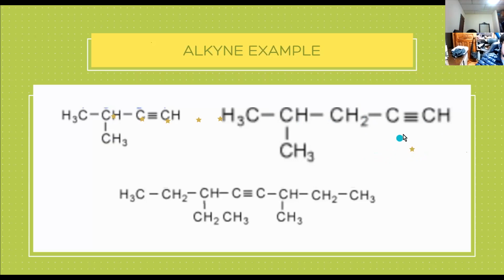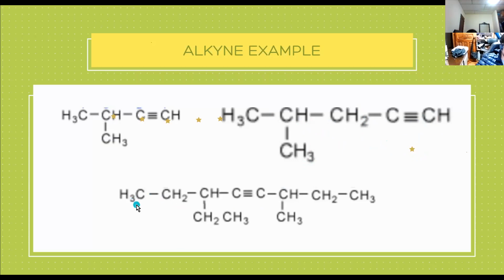And the same, the double bond is in the number 1. Then the methyl is in the number 4. And the result is 4-methyl-1-pentene.